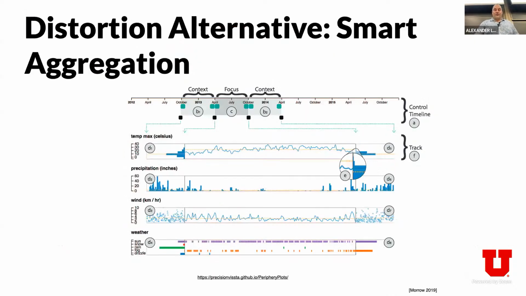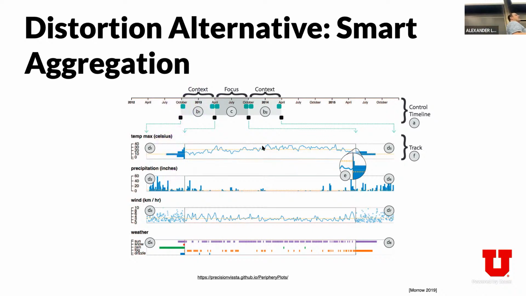You could also do something like this in a slightly different way, maybe a little bit more with this DOI function or with summarization. This is an alternative: instead of using distortion, there's smart aggregation. I think this is the best example. This is a line chart for the focus region, but then there are context pieces that are summarized with a histogram, right?